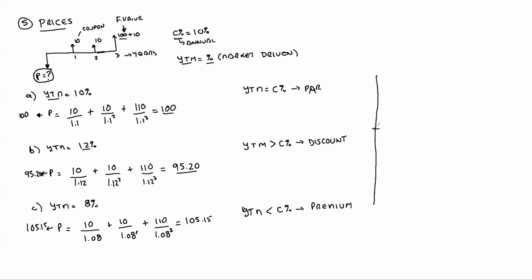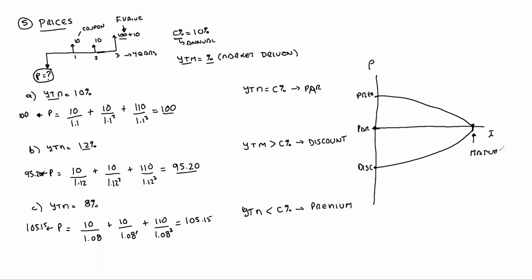So basically, if we have time here and price here, this is par value. This is a discount, and this is a premium. But what is interesting, guys, is that in the future, imagine maturity is here. In the future, all the prices go to this price here. This is maturity. At maturity, the price of the bond is exactly the same as the face value, always.